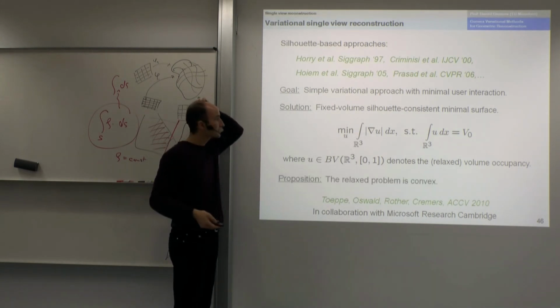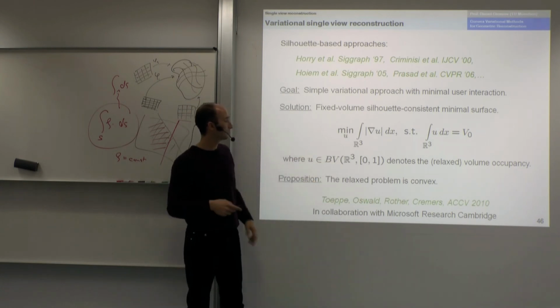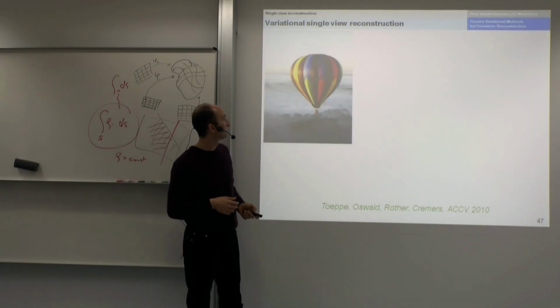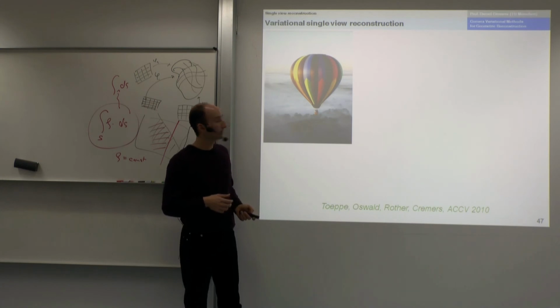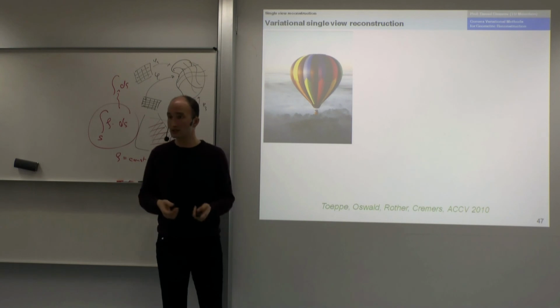And then we relax the problem, and there's a follow-up paper, which I didn't mention here, where we show that you can compute an optimum to this problem. It works very nicely for roundish objects because they are minimal surfaces in some way.